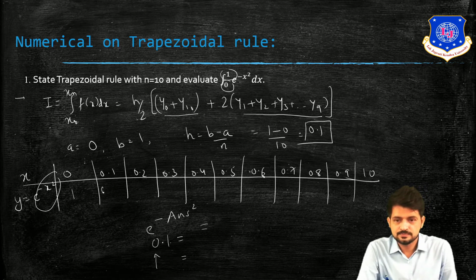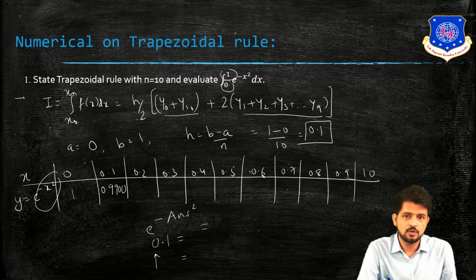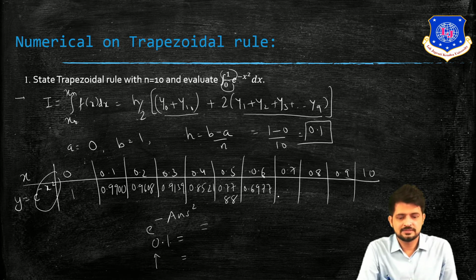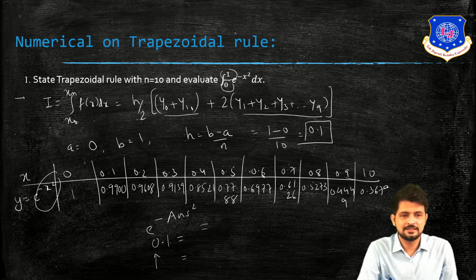The value will be 0.9900, then for 0.2 the next value is 0.9608, then 0.9139, 0.8521, 0.7788, 0.6977, 0.6126, 0.5273, 0.4449, and the last value will be 0.3679.